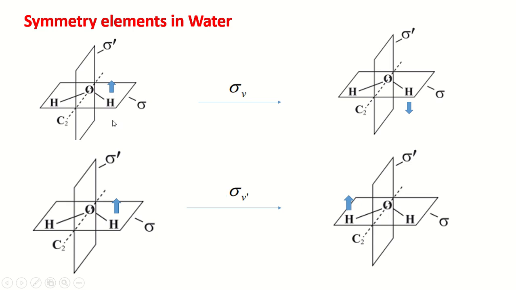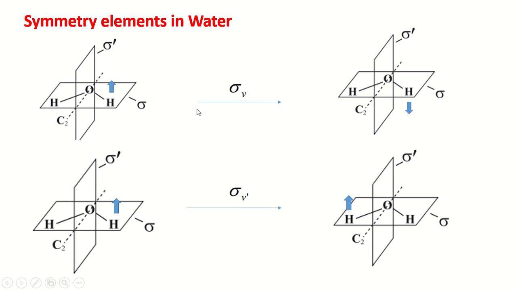This is the mirror image after we apply the plane of symmetry in this axis. We get the structure like this one, with the arrow downward, and this is the product obtained after applying the sigma v operation to this molecule.